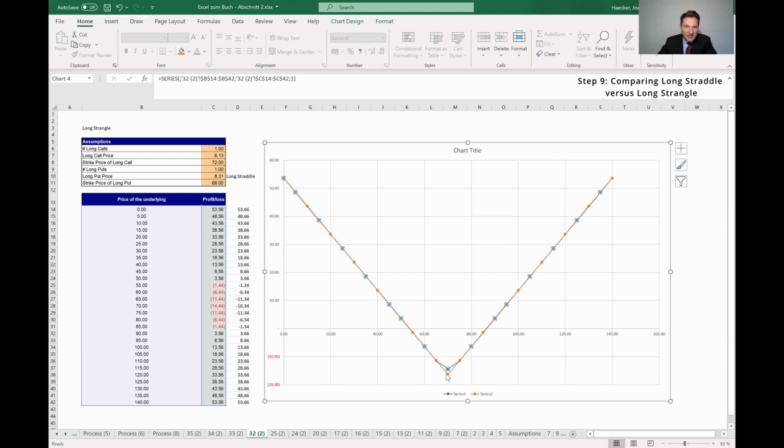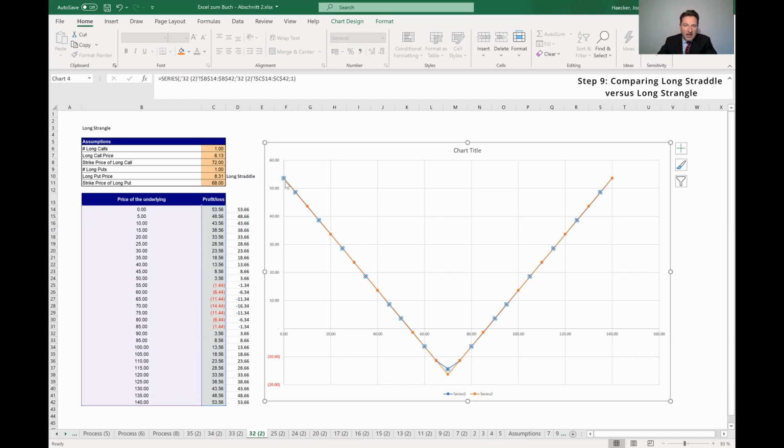You see that the worst case scenario, the potential losses are smaller with the long strangle compared to the long straddle.